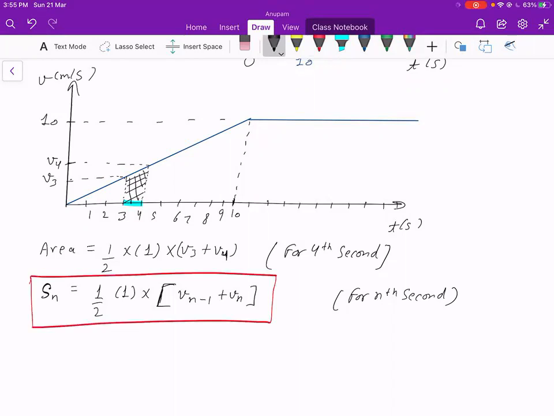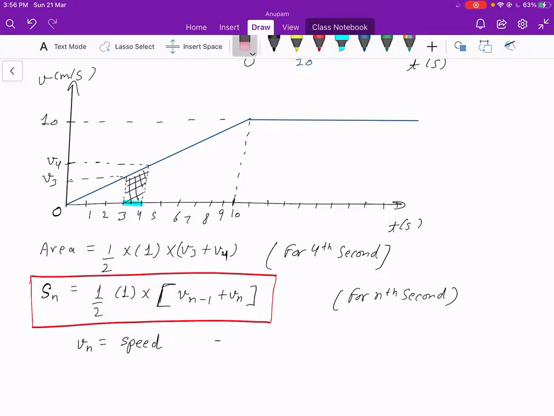Now our job is to find the formula for, say, V(n minus 1) or Vn. Now focus here. In this diagram, V3 is the speed at the end of the third second, or you can say after 3 seconds. Am I correct? And V4 is the speed after 4 seconds. So Vn is equal to the speed after n seconds, or speed at t equal to n seconds.